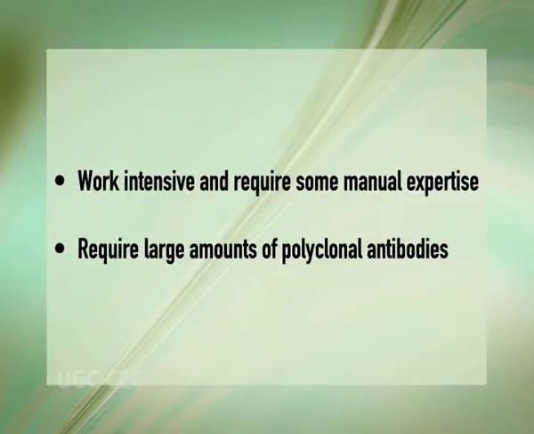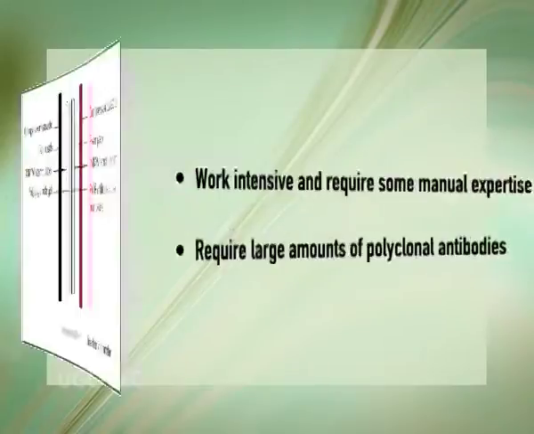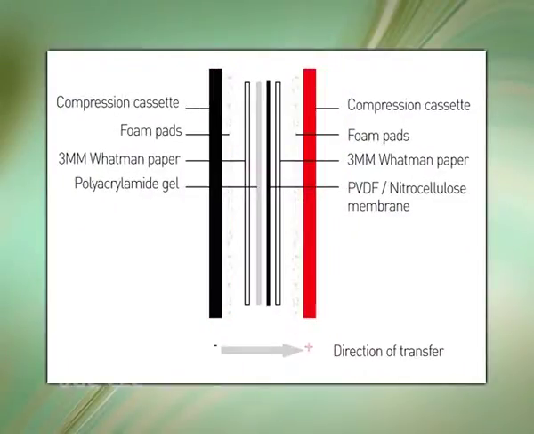Two factors determine that immunoelectrophoretic methods are not widely used. First, they are rather work intensive and require some manual expertise. Second, they require rather large amounts of polyclonal antibodies. Today, gel electrophoresis followed by electroblotting is the preferred method for protein characterization because of its ease of operation, its high sensitivity and its low requirement for specific antibodies.